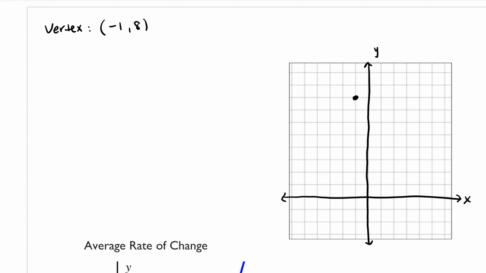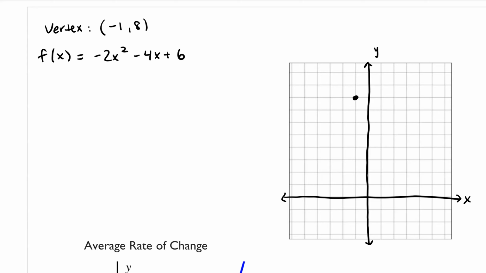Okay, and then just for good measure, let's plug in one additional point into our function so that we have a better idea of what our graph will look like. Now, remember that our function is f of x equals negative 2x squared minus 4x plus 6.